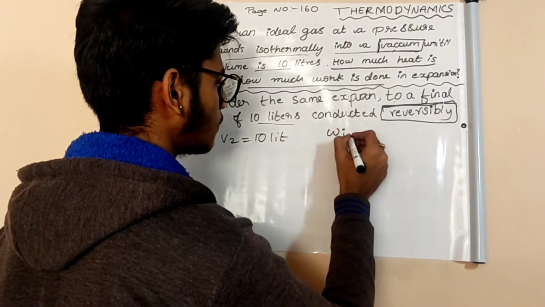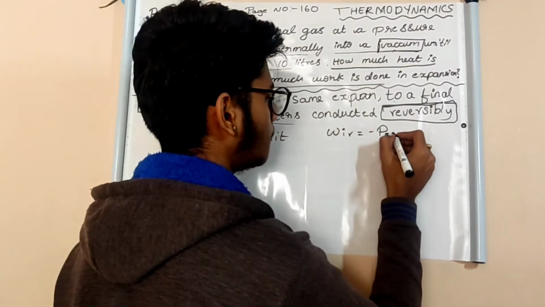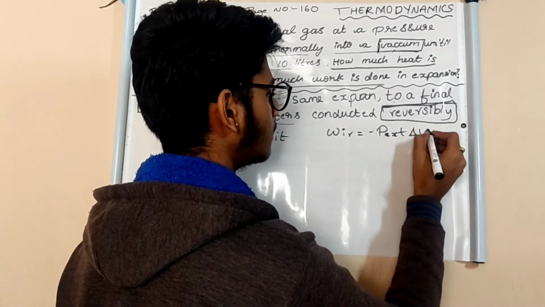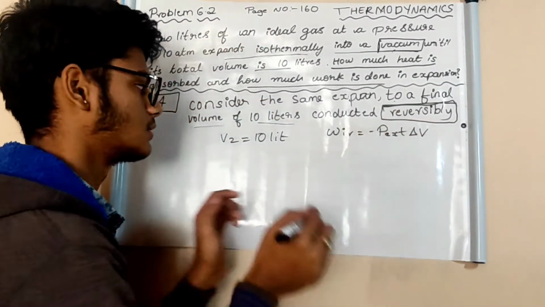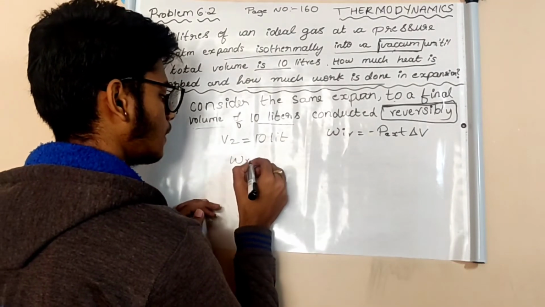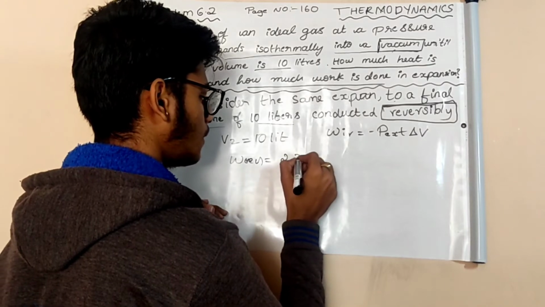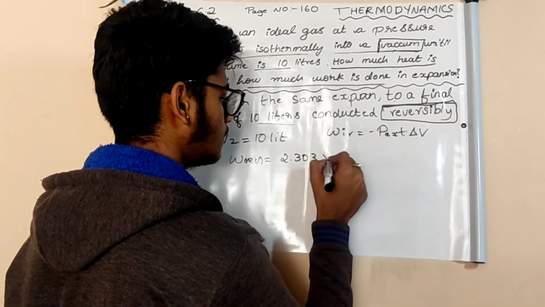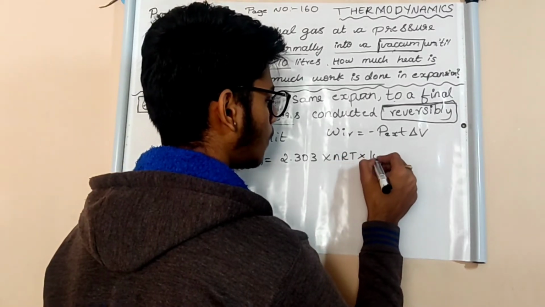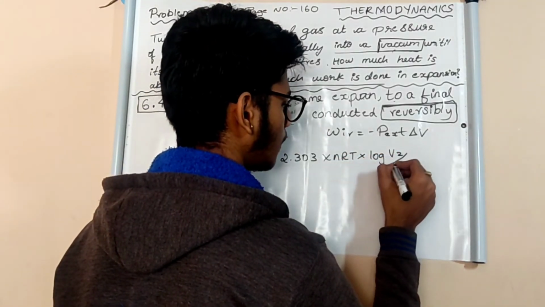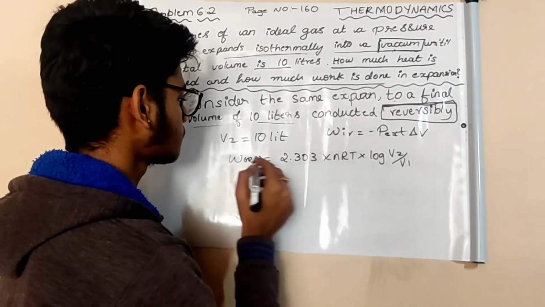The previous questions were irreversible, where work done is minus P external delta V. Now the question has given a reversible process. Reversible process formula: W equals minus 2.303 nRT log V2 by V1. So this is the formula we should use.